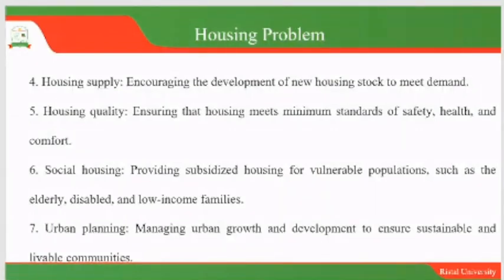And when we're referring to social housing, we're referring to providing subsidized housing for vulnerable populations such as the elderly, the disabled, and low income families. But also, we're looking at urban planning itself. And in urban planning, it helps us manage urban growth and development to ensure sustainable and livable communities.